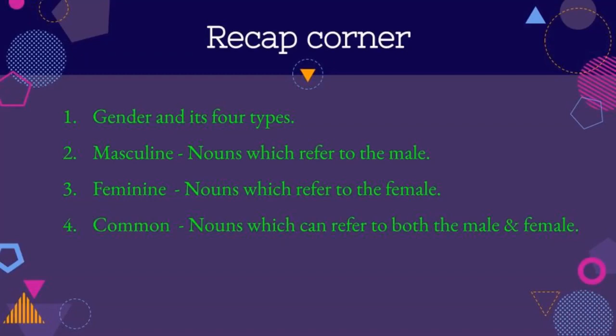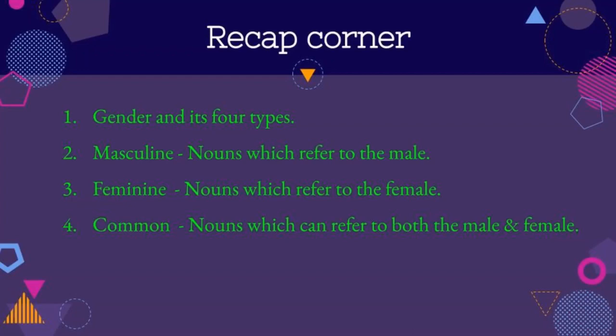Common gender is common for both boys and girls, both male and female. Nouns which can refer to both the male and the female are known as common gender. For example, teacher. A teacher can be both male and female. Doctor, dentist, singer, child, etc.